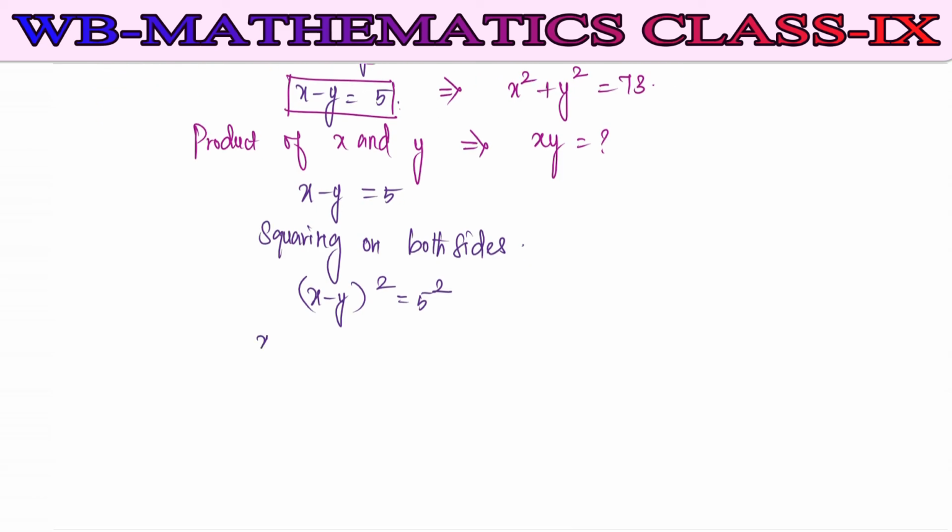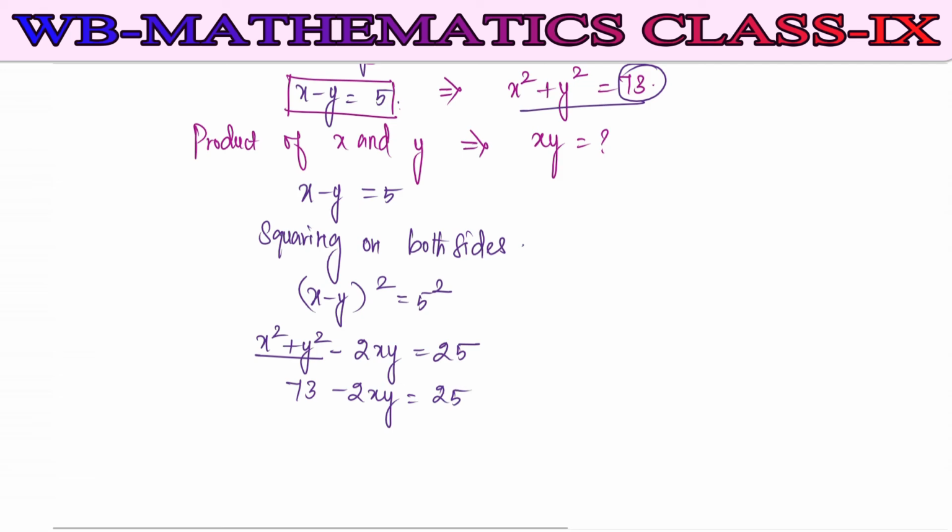That is x square plus y square minus 2xy is equal to 25. So x square plus y square, the value we have here is 73. So I can substitute: 73 minus 2xy is equal to 25.